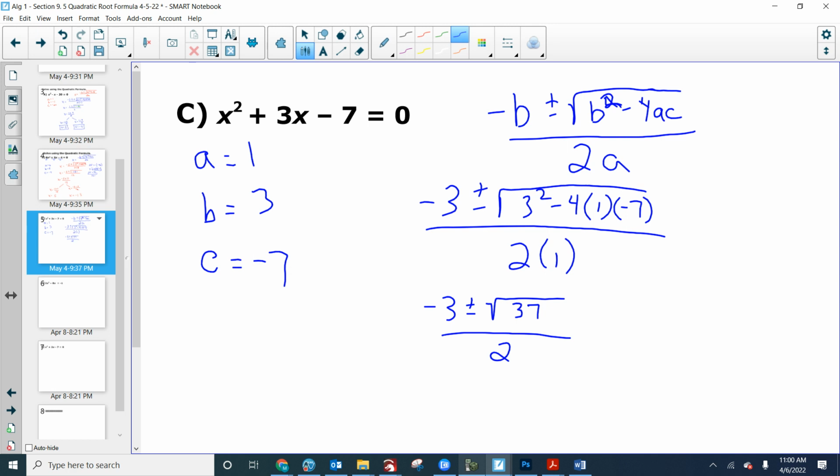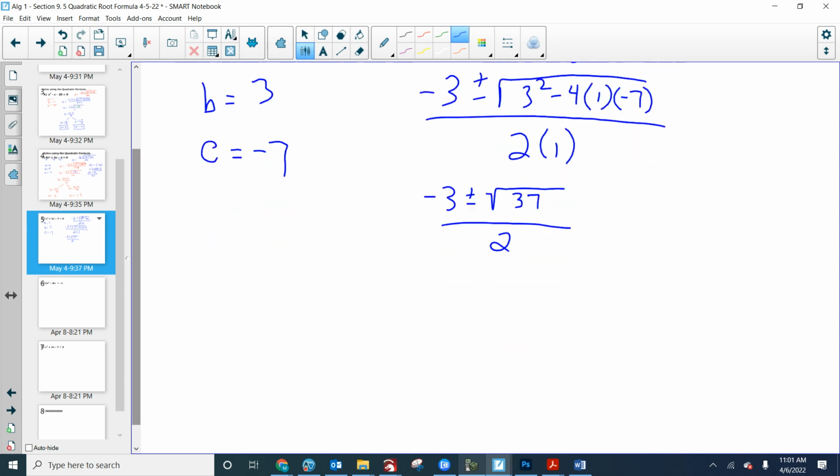What'd you get for the square root of 37, rounded to the hundredths place? 6.08? Is everybody good with that? So we just have 2 problems.